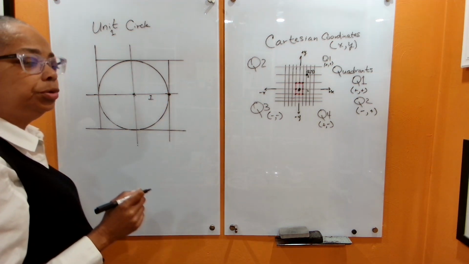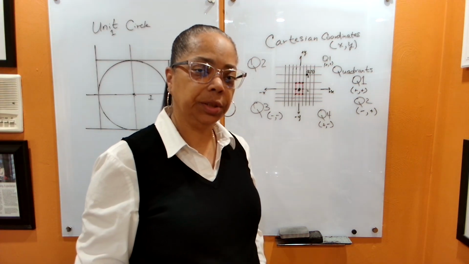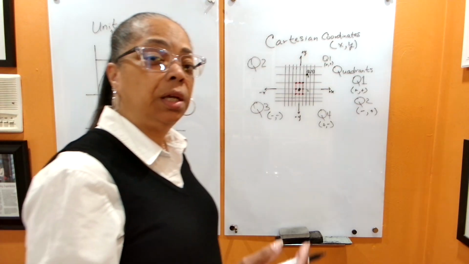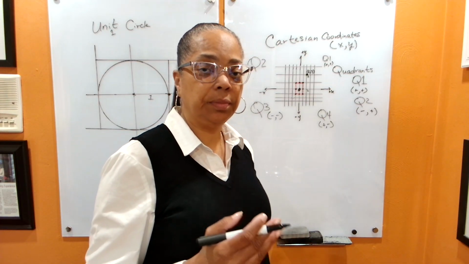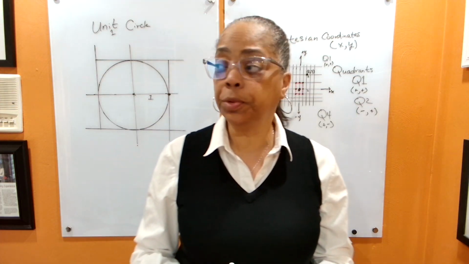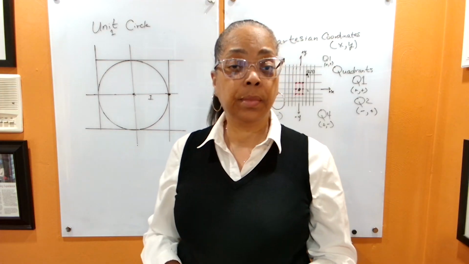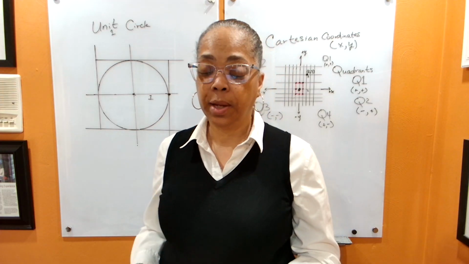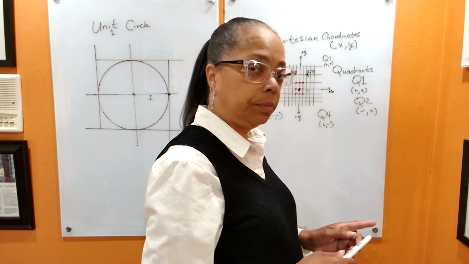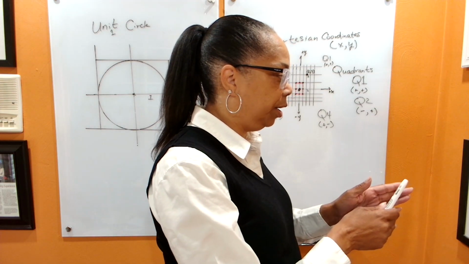Now we're going to also introduce the concept of degrees, because degrees are measurements based on direction. So let me do a demo real quick. Right now, let's pretend like I'm right here. Alright? I'm going to turn, and now I'm facing this way.